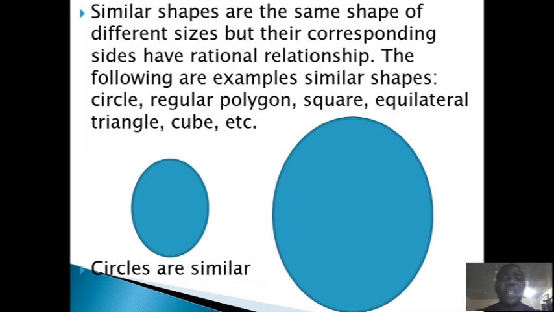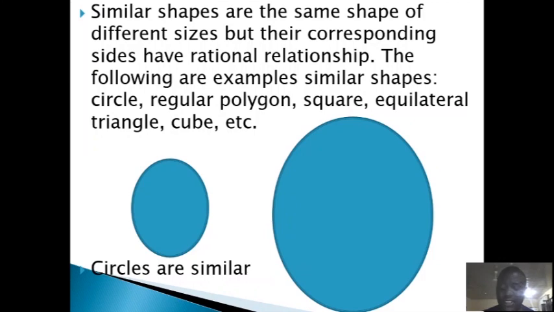So now we are talking about similar shapes. Similar shapes are the same shape with different sizes, but their corresponding sides have a proportional relationship. Before we look at corresponding sides, we need to look at the shapes that, irrespective of their size, are always similar.